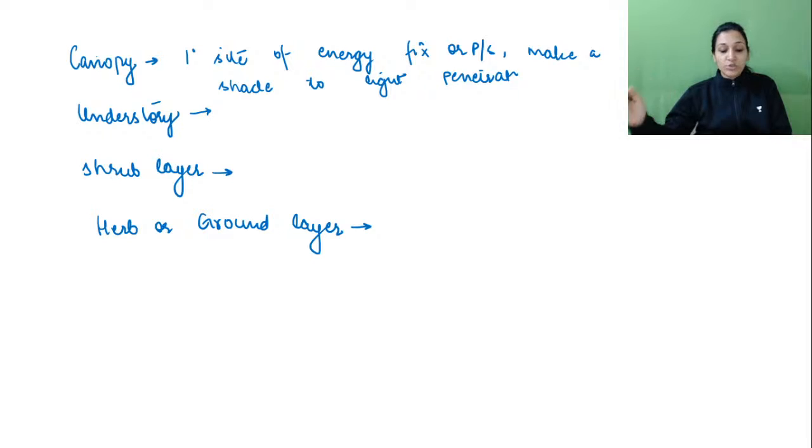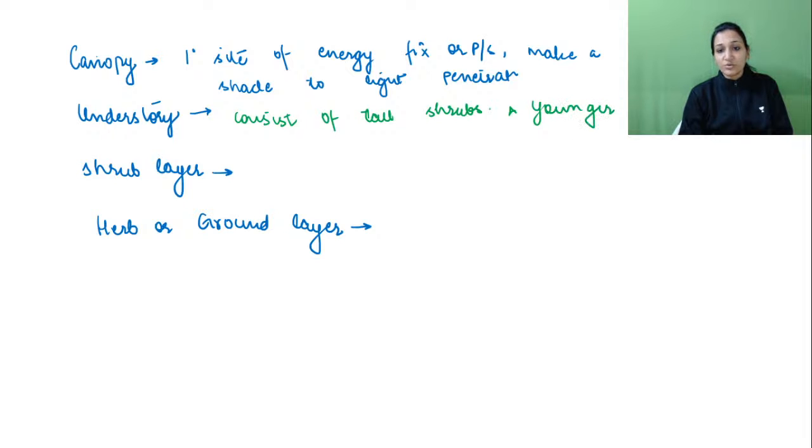So understory generally consists of the tall shrubs and younger trees. They are the understories of the major canopy. Some of them can be of the same species or other species, and those which are unable to tolerate the shade are going to die. So that is the understory.